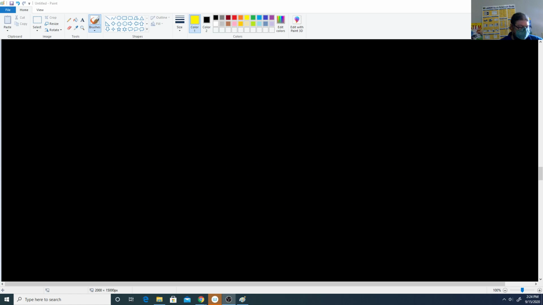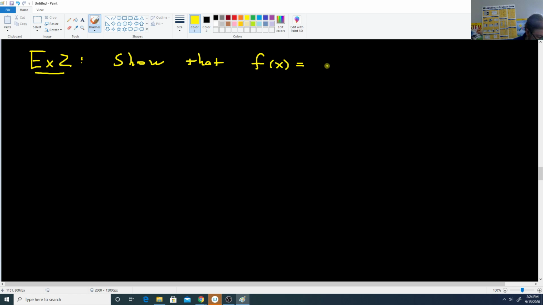All right, so to finish up this section, we're going to cover example 2 from the book. In example 2, they want us to show that a function f of x, which equals cosine squared of x minus 2 sine of x over 4, has a 0 in 0 to 2.